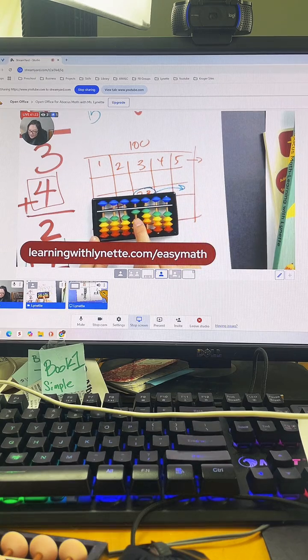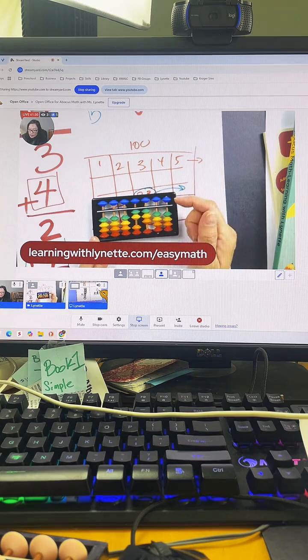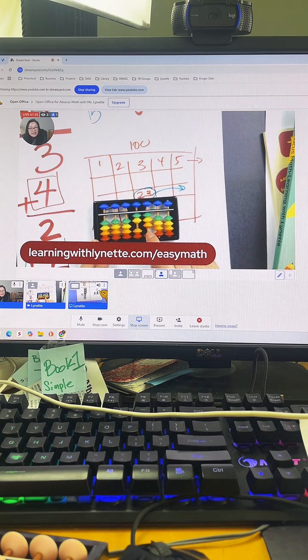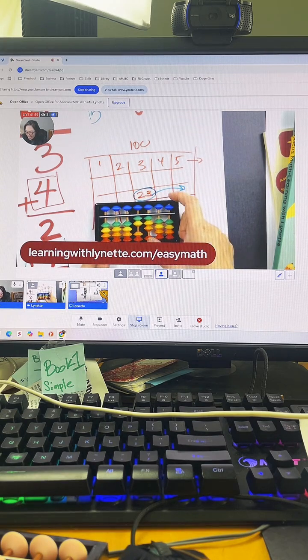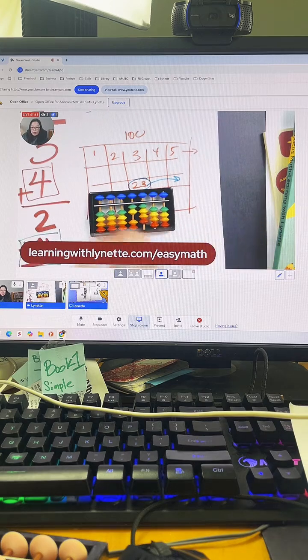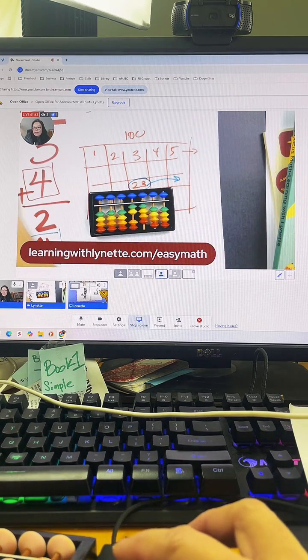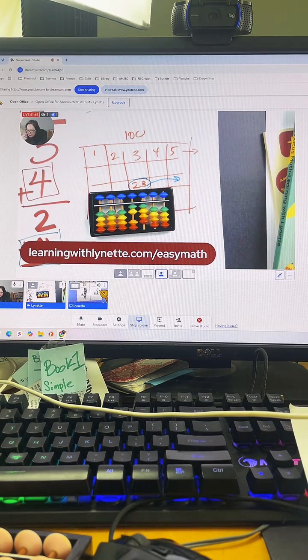Well, the abacus makes it really easy. The kids remember 1, 2, 3, 4, and then 5, 6, 7, 8, 9, and then this is 10. We know that this is 11, 12, 13. They see that this is 13. They may not remember the word 13 because 13 in English is very difficult.